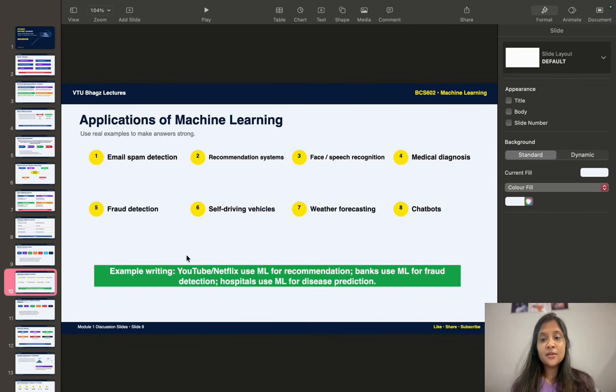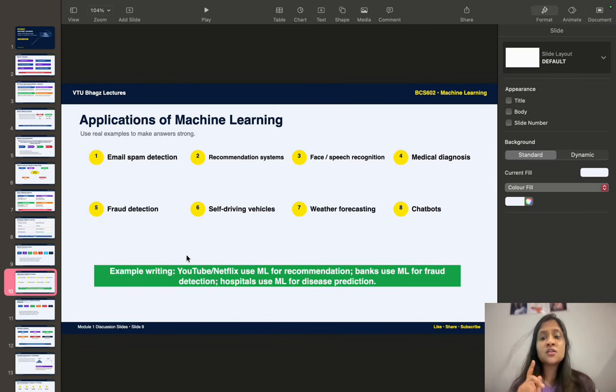In healthcare, ML is used for disease prediction and medical image analysis. In banking, it is used for fraud detection. In e-commerce, it is used for product recommendation. In social media, it is used for face recognition and content recommendation. In transportation, it is used in self-driving cars and route prediction.